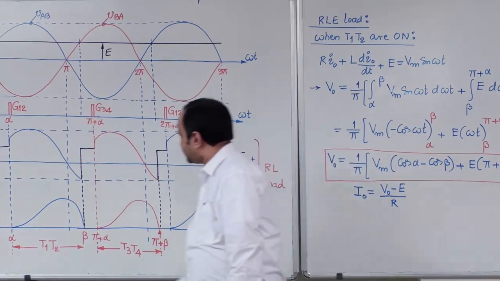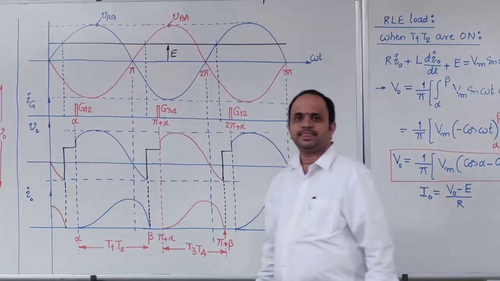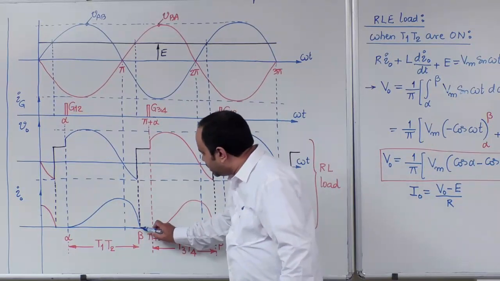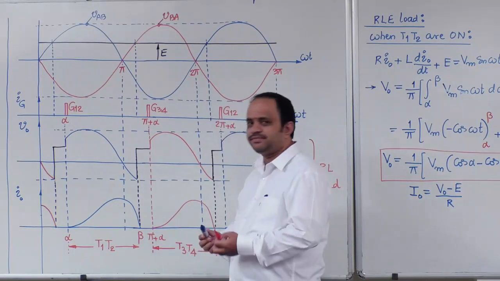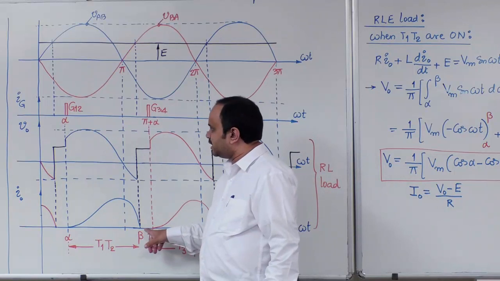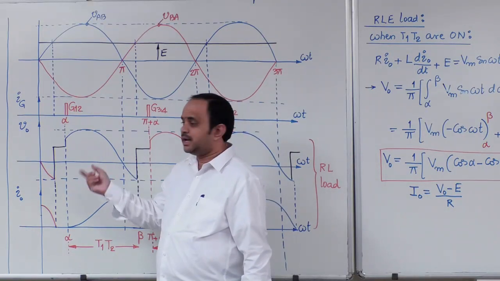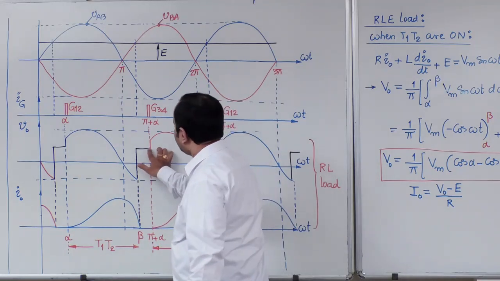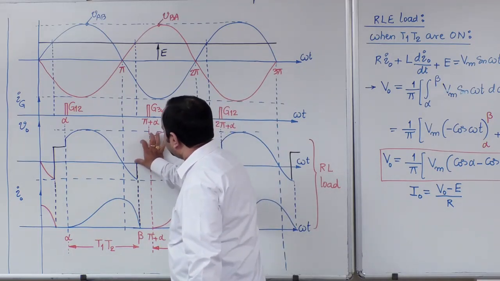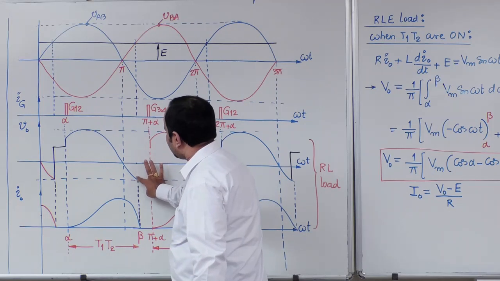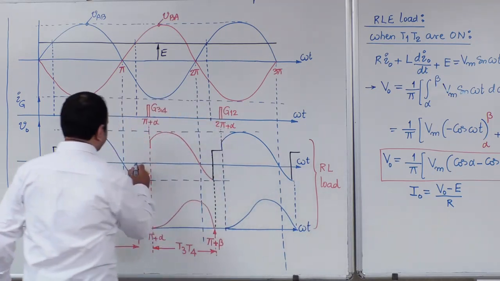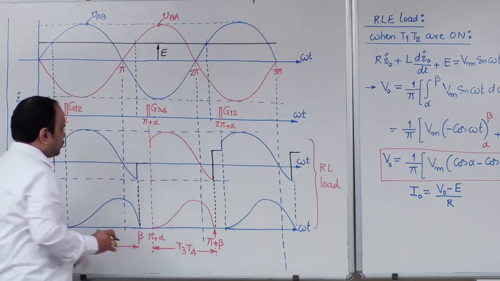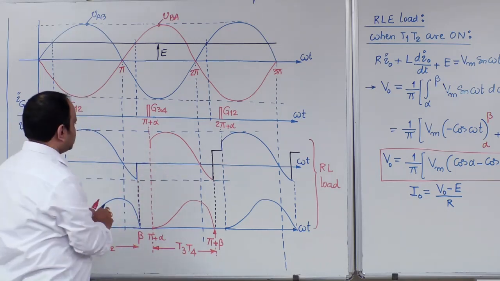But what is the difference? During discontinuity, that is during beta to pi plus alpha, follow carefully this interval. In the discontinuous interval, in the earlier case, load EMF was there. But now in RL load EMF is not there. Therefore, in this particular interval, output voltage is simply 0. Output voltage will be simply connected to 0.